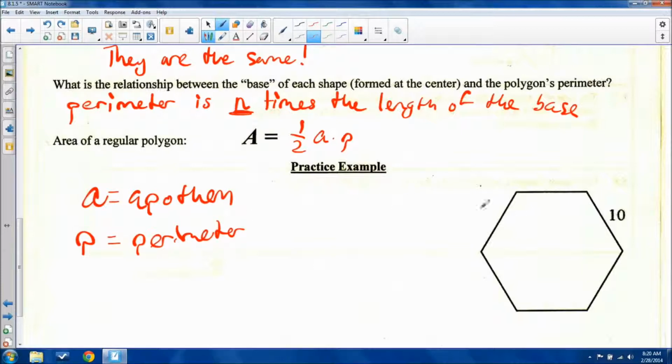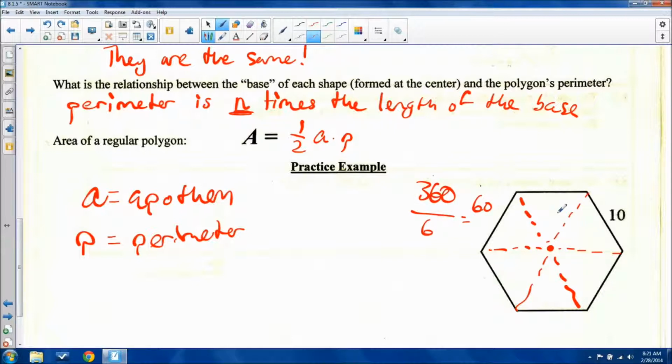I'm not going to be able to do the practice example, but I'll get you started super quick. This is a regular hexagon. A regular hexagon has central angles of 60 degrees each, because there are 6 of them, and 360 divided by 6 is 60. So all of these are 60, and because it's an isosceles triangle, these must add up to 180, so these also must be 60.